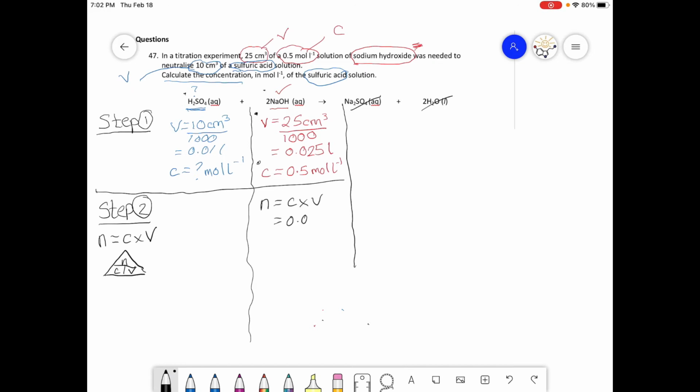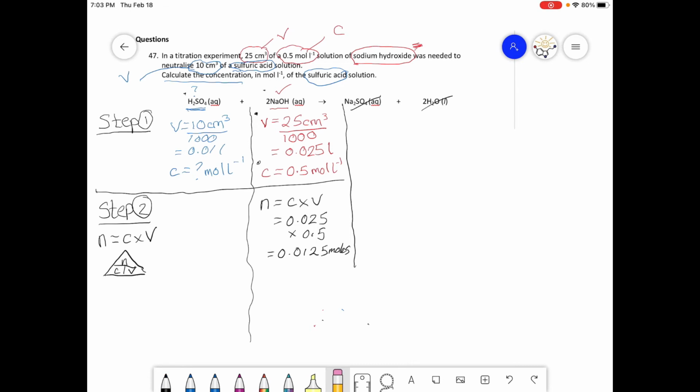That's 0.025 times 0.5. So that is 0.0125. Let me just check that using a calculator. 0.025 times 0.5. Yeah, that's right. That's the number of moles of sodium hydroxide we've got.